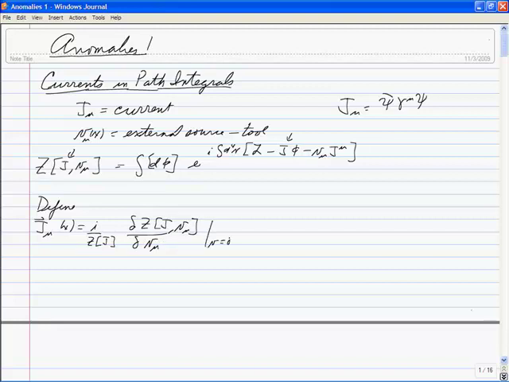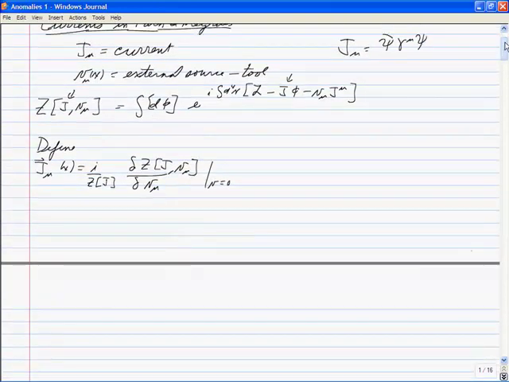And we set V equal to 0 at the end. So this is the response of the current J, and we then take further matrix elements.